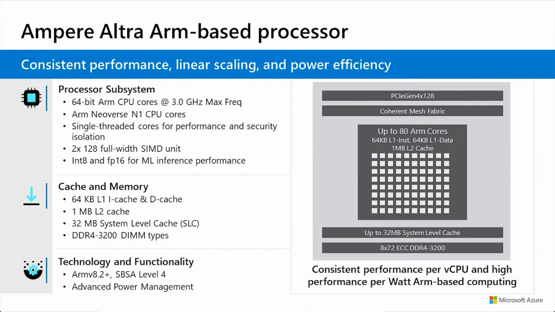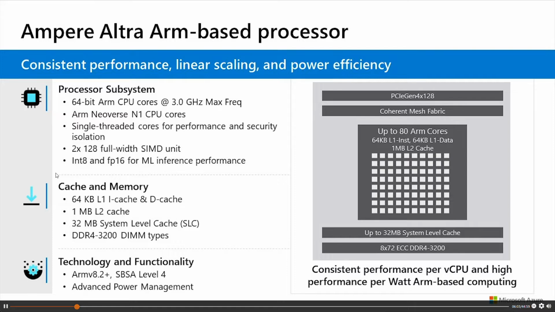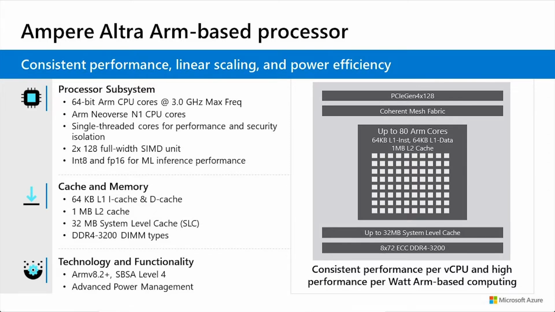That's among the fastest Neoverse-based processors available. Each vCPU is a physical compute core with dedicated resources that provide performance and security isolation for your workloads. The Ampere Ultra cores are based on the ARM version 8.2 architecture and support 228 wide SIMD units with int8 and FP16 instructions that accelerate the execution of machine learning inference applications.